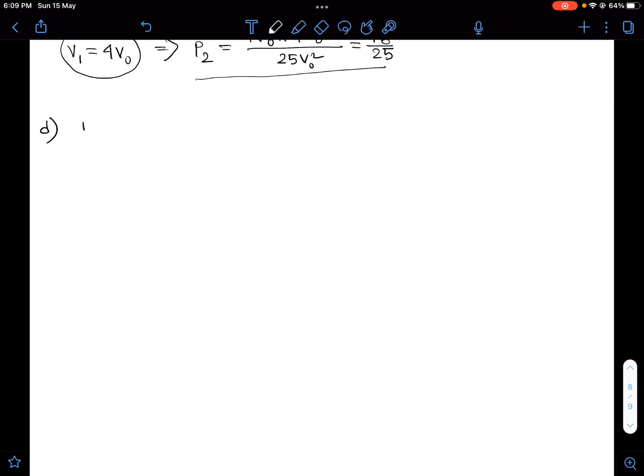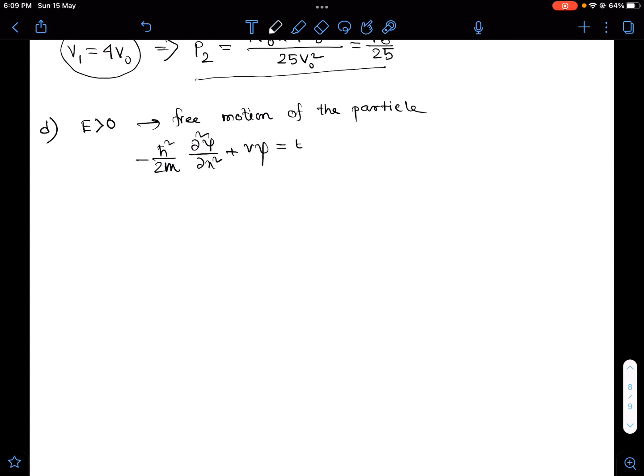So we know that here E0 corresponds to the free motion of the particle. For free motion, if we write down the Schrodinger equation, it is h cut square by 2m del 2 psi del x square plus V psi equal to E psi.